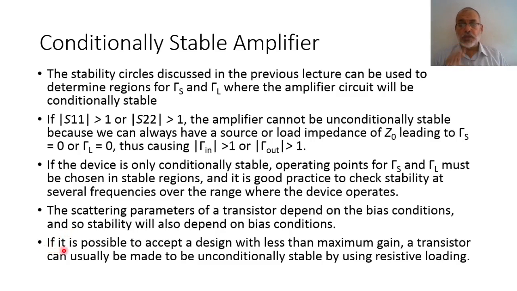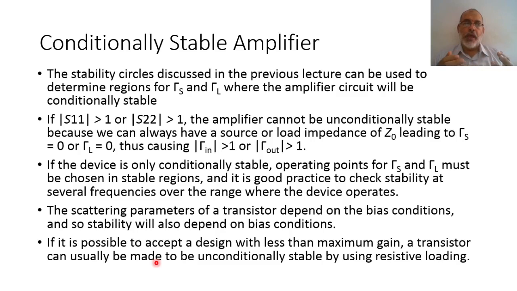So if it is possible to accept a design with less than maximum gain, a transistor can usually be made unconditionally stable by using resistive loading. The resistive loading here is used to compensate any increase in the gain or any instability to make the amplifier be in the stable region. But this will introduce some losses in this resistive part.